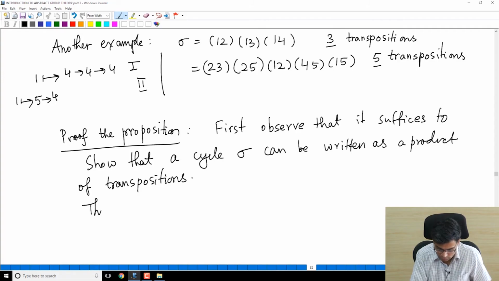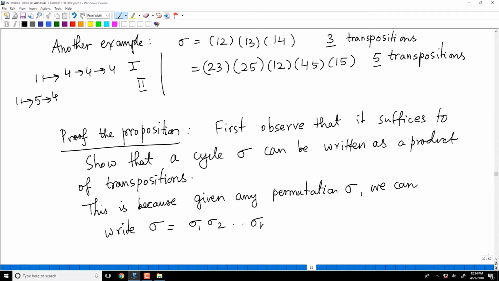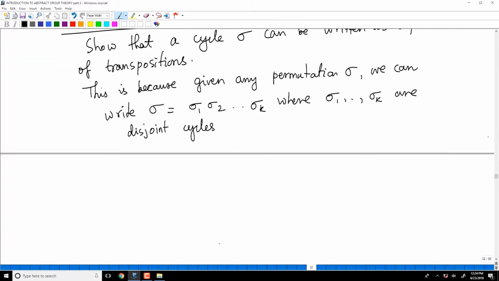Because given any permutation sigma, we can write sigma as sigma 1, sigma 2, ..., sigma k, where sigma 1 through sigma k are disjoint cycles. Here disjointness is not that important, but we can write it as a product of cycles. That we already know, we have proved this. Any permutation in Sn can be written as a product of cycles.